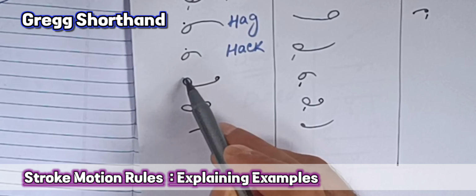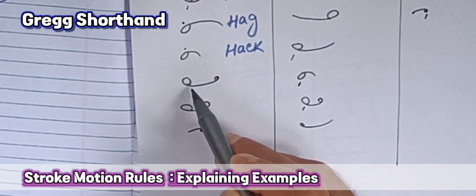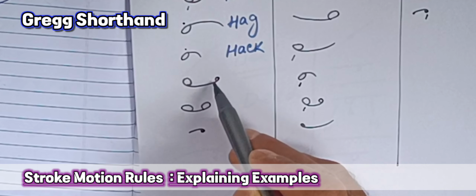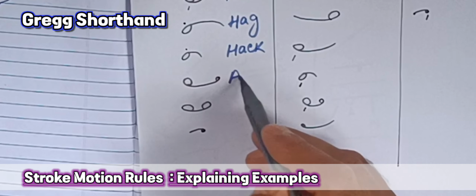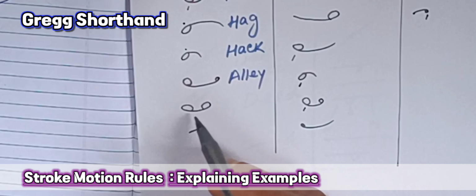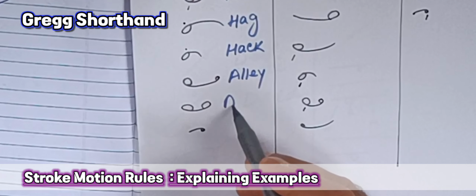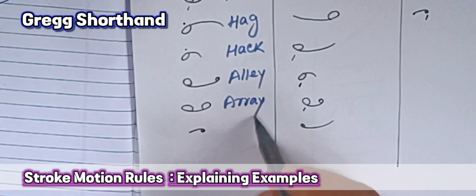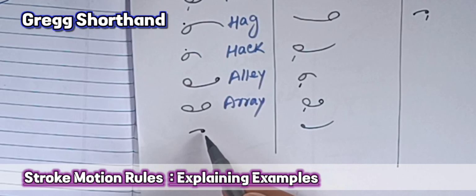What is this? This is A sound, A, and this is L. This is E, L-E. And what is this? A-R-A. This becomes array. What is this?